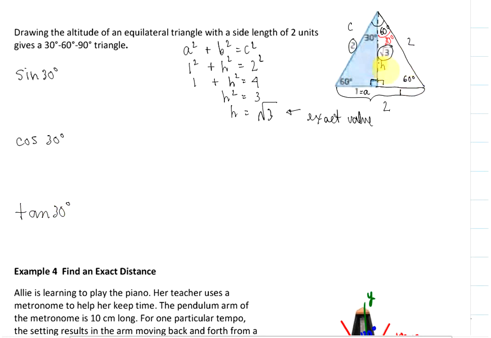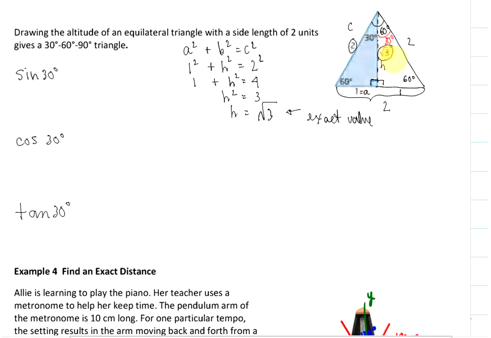Now one way to remember which ratios belong on which sides of the triangle is to remember that the smallest side, which is 1, is opposite the smallest angle, so opposite 30 degrees.